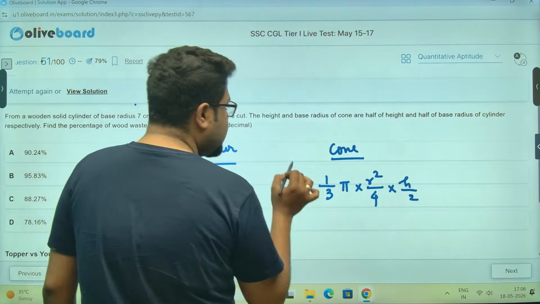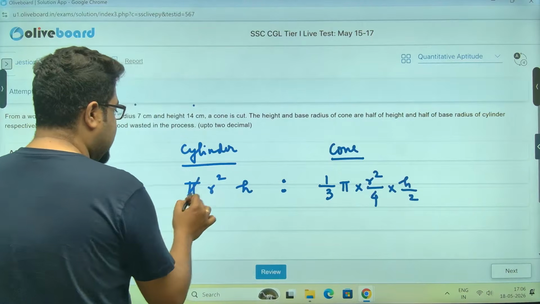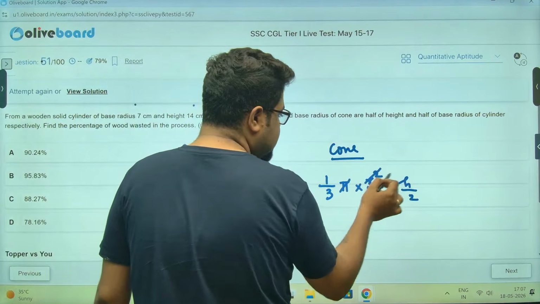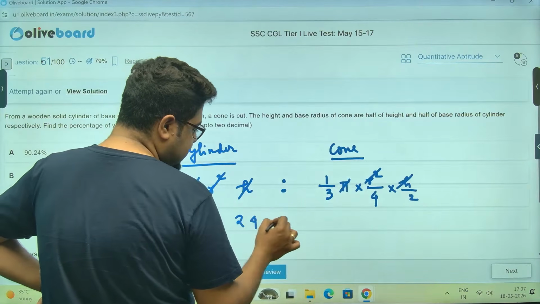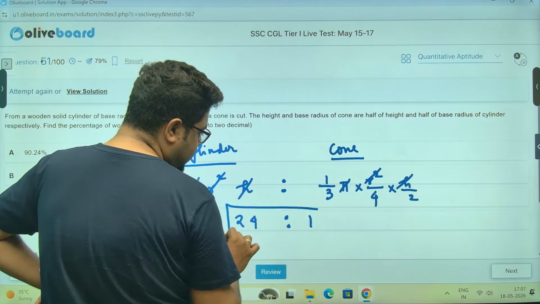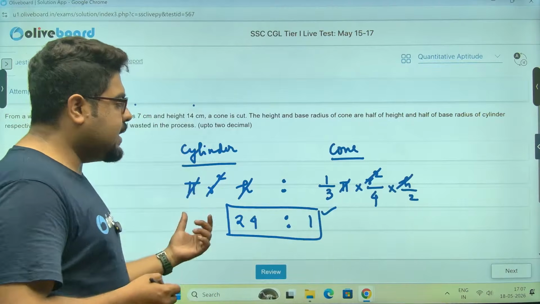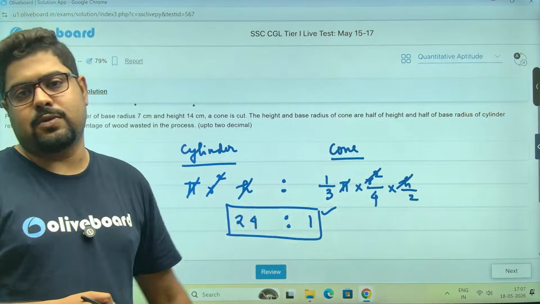So this is the volume ratio: pi r square h over pi r square h. Ultimately 4 3s are 12, so 24:1 is the ratio. If 24 units is the volume of the cylinder, 1 unit is the volume of the cone.